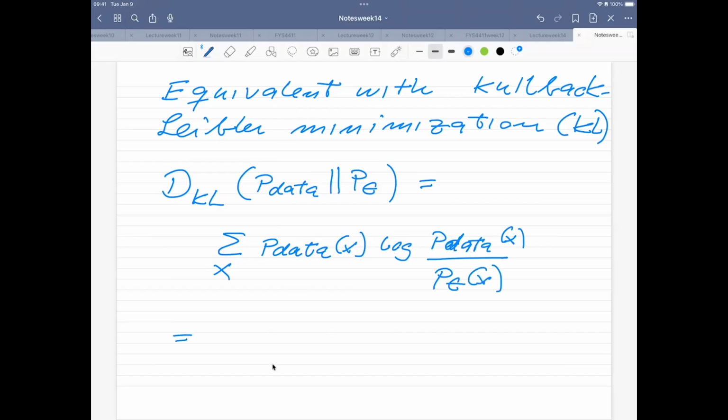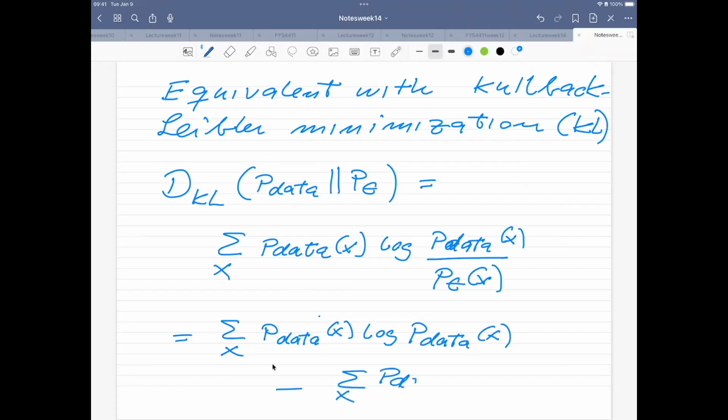So there is a sum here. If we now just write it out, what you would get is a sum over x of P data of x times log of P data of x, minus the sum over x of P data of x times log of P theta of x.